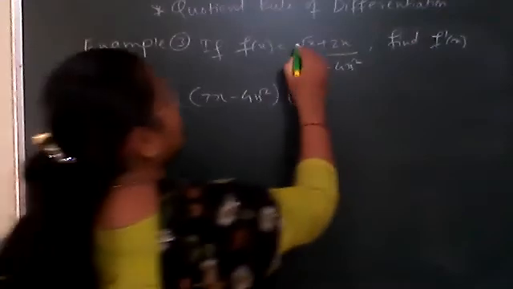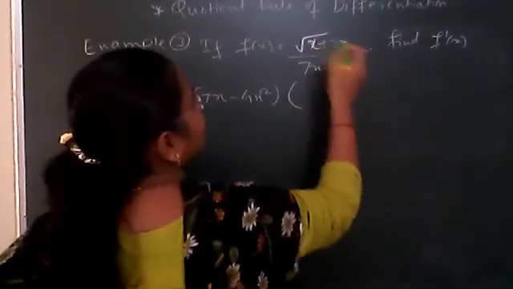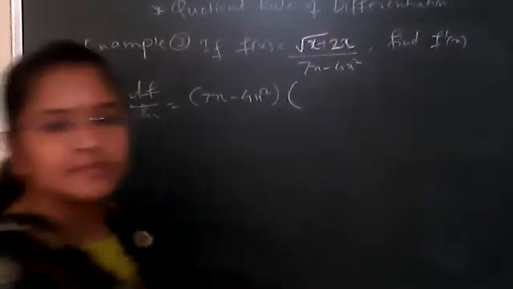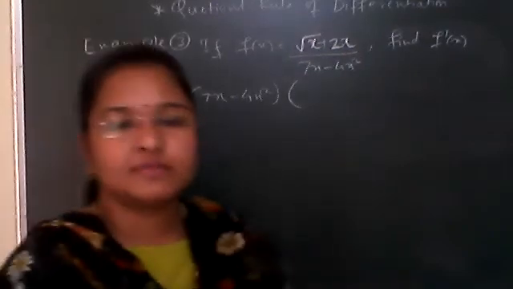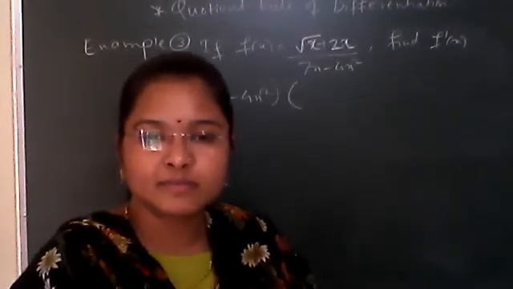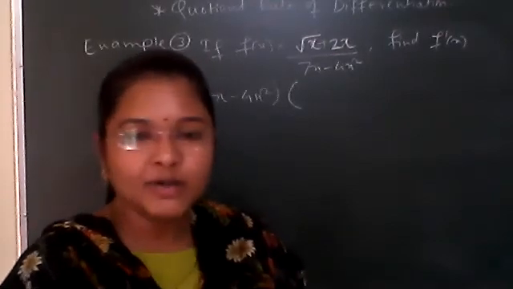This is your root x plus 2x. What is the derivative of root x plus 2x? What is the derivative of root x? 1 by 2 root x plus 2.